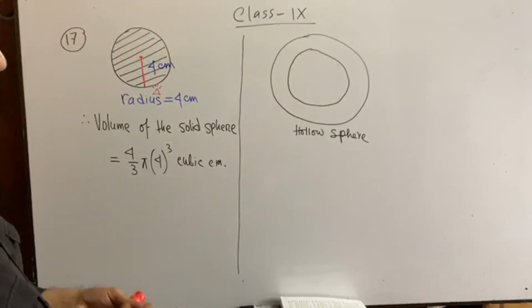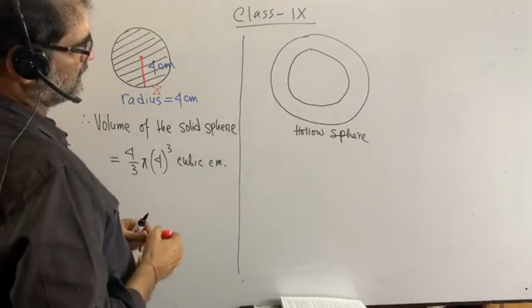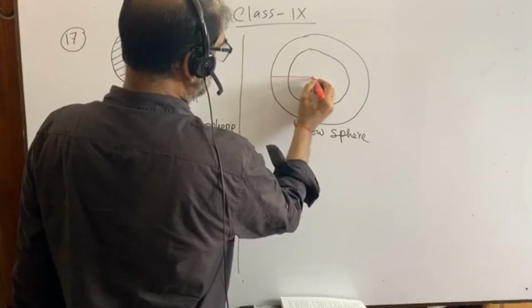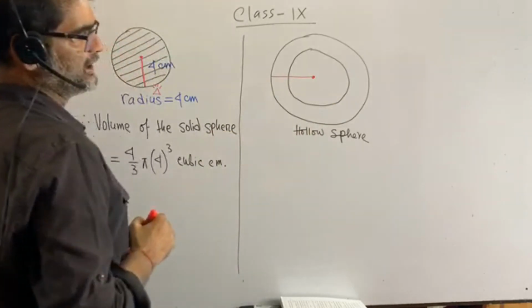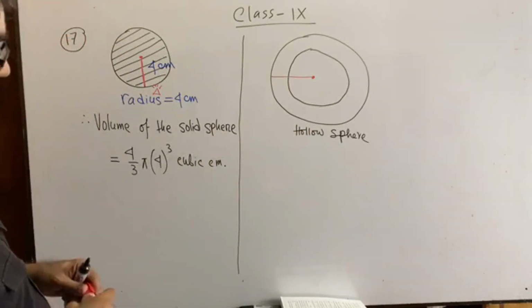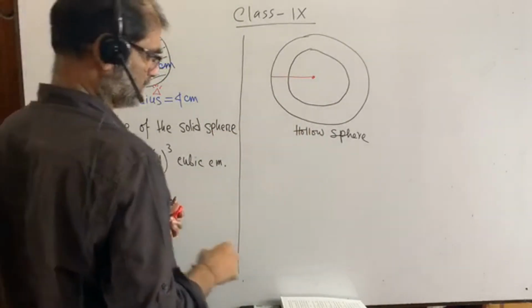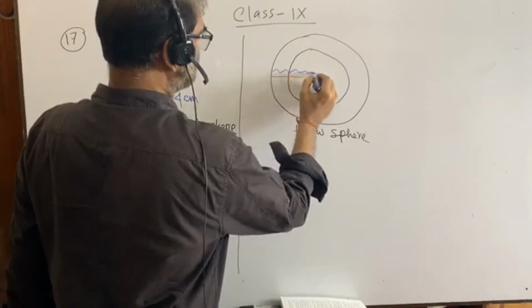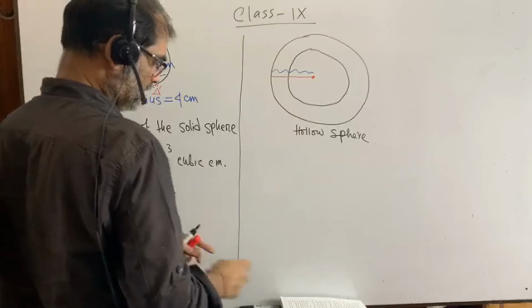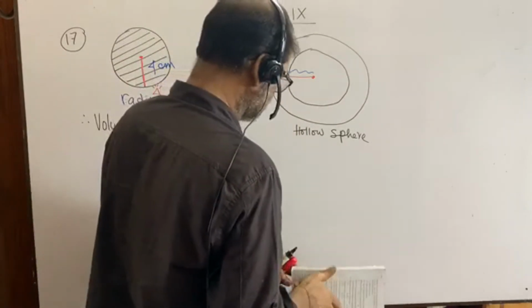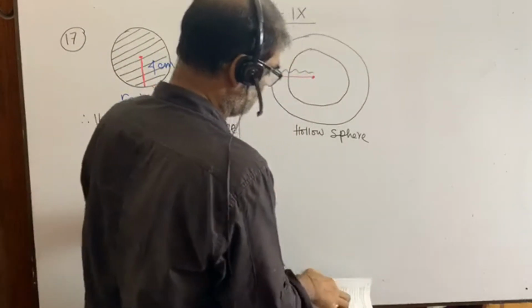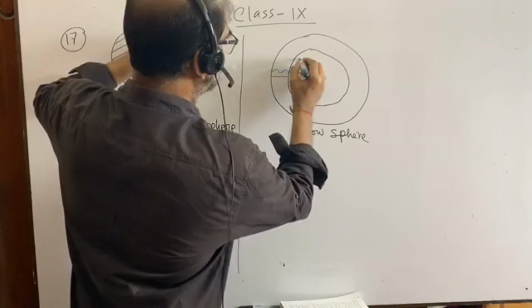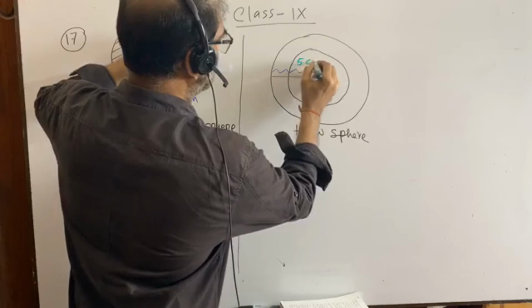Okay, it is told in the question it has an outer radius of the hollow sphere. Outer radius of the hollow sphere is given as 5 centimeter. It is the measurement of this. So okay, let's write down. It is 5 centimeter.